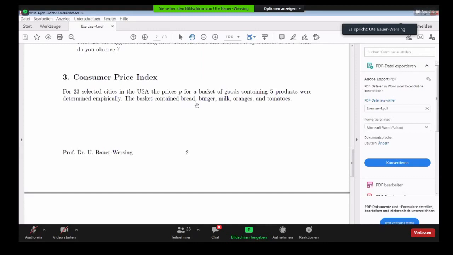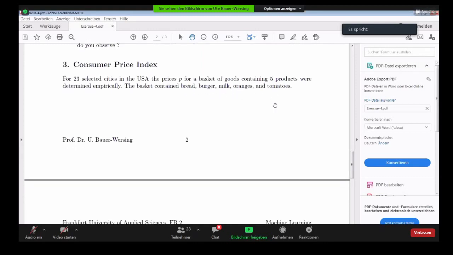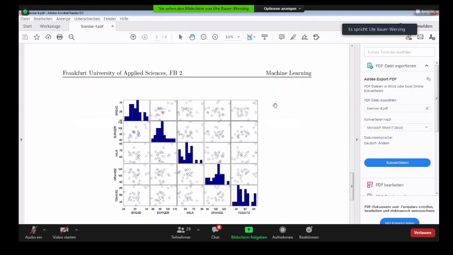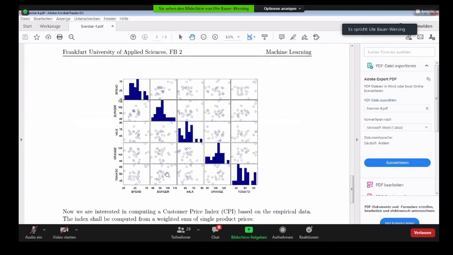The prices are for bread, burger, milk, oranges, and tomatoes. The data distribution for these 23 cities is given here in this scatter plot. This is looking at the data with respect to the different dimensions.